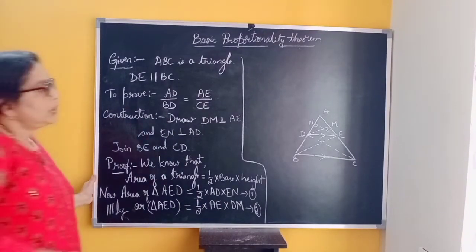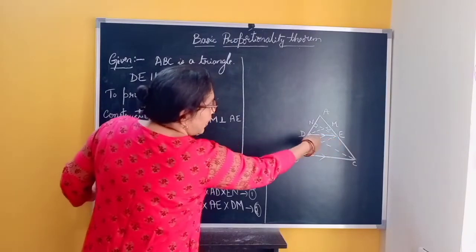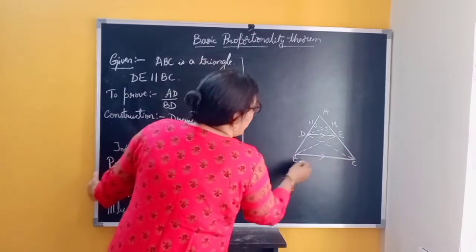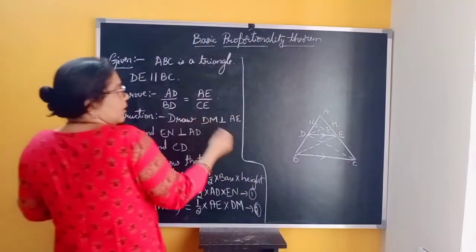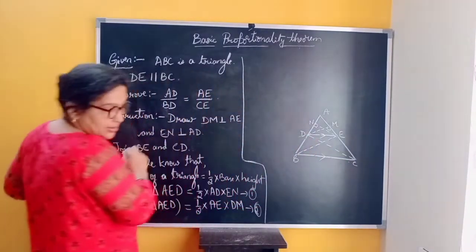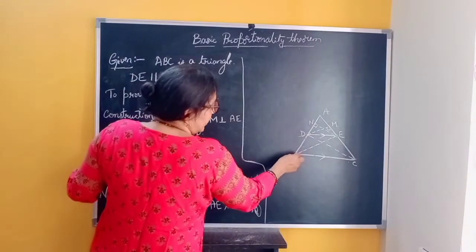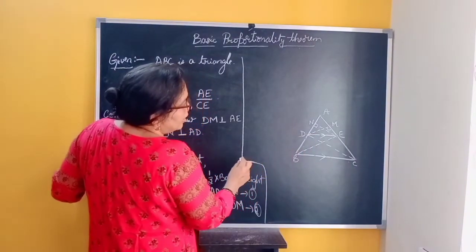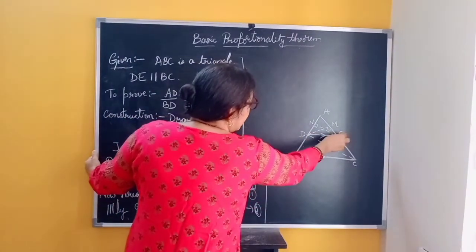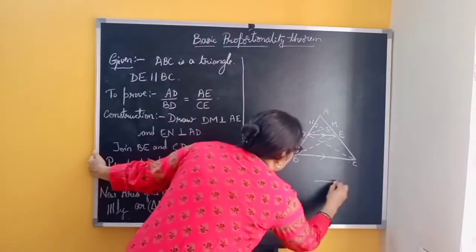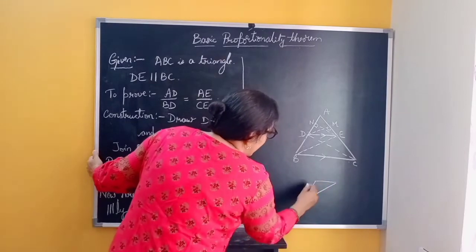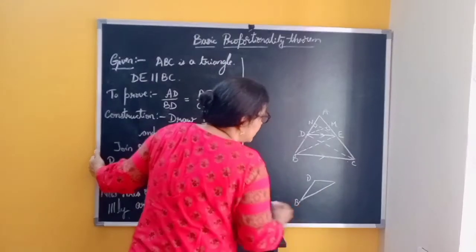Now, let us consider the lower part of the triangle. Consider triangle BDE, or BED. Consider BD as the base. If BD is the base, what is the altitude here? This is the triangle we have considered now. If you consider DB as the base, then which is the height?